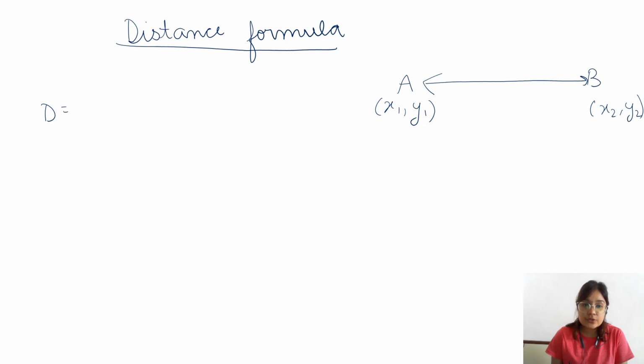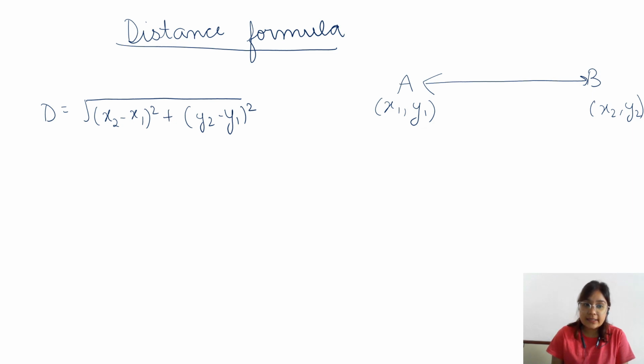D is equal to under root, if you have to find the distance between these 2 points, under root (x2 minus x1) whole square plus (y2 minus y1) whole square. Now I'm writing it in the general form: distance of AB.